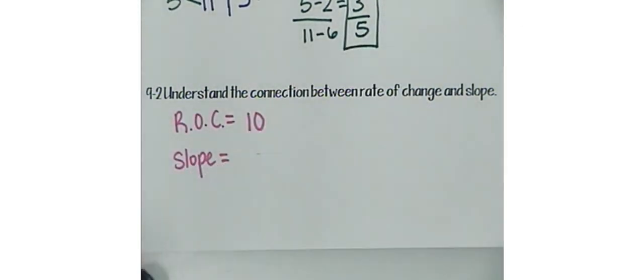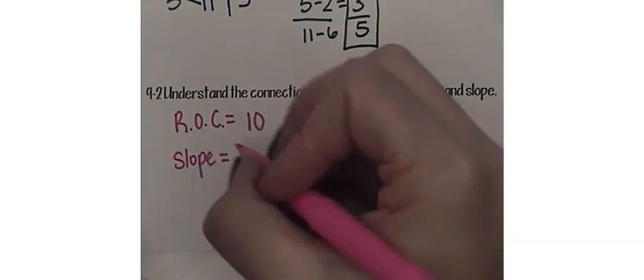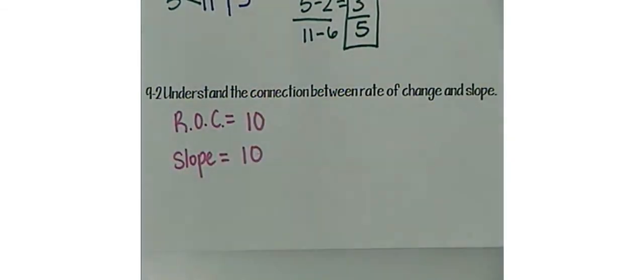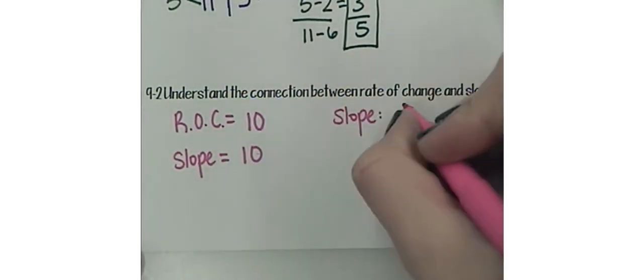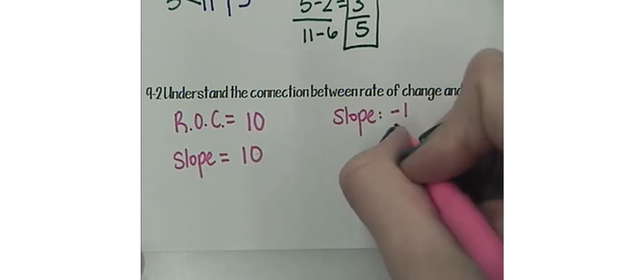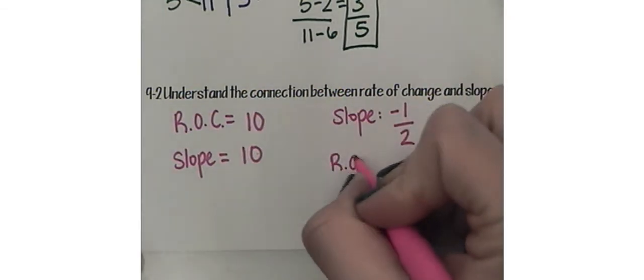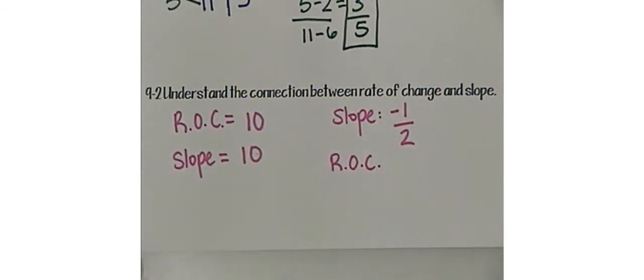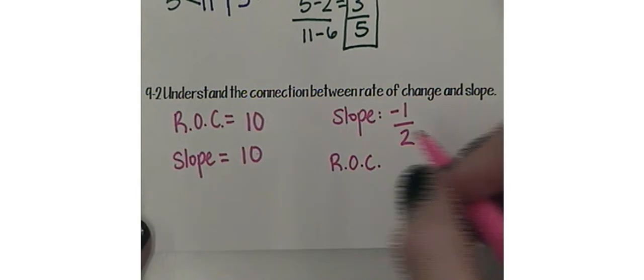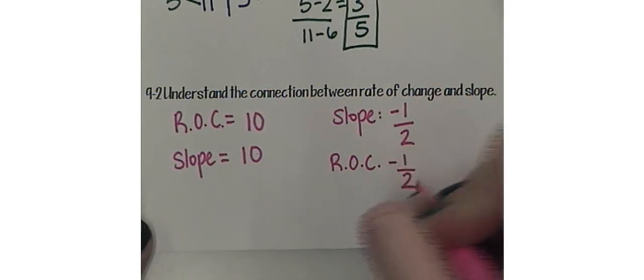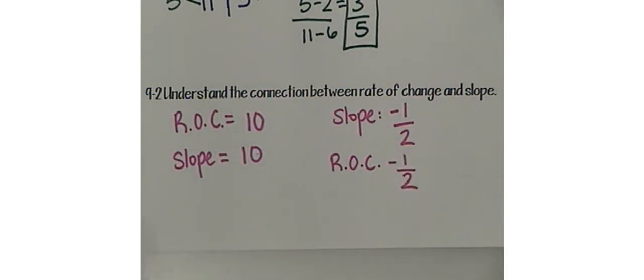You would say, it's 10. Or if I said our slope, we're going down 1 over 2, you would tell me that our rate of change is what? -1 over 2. The exact same.